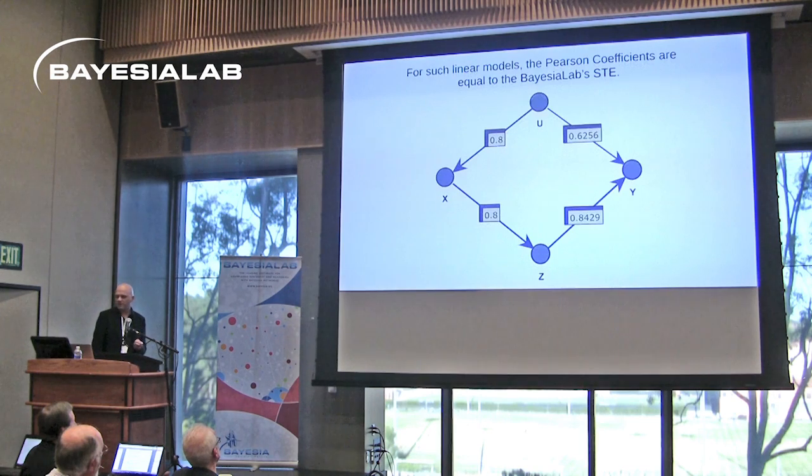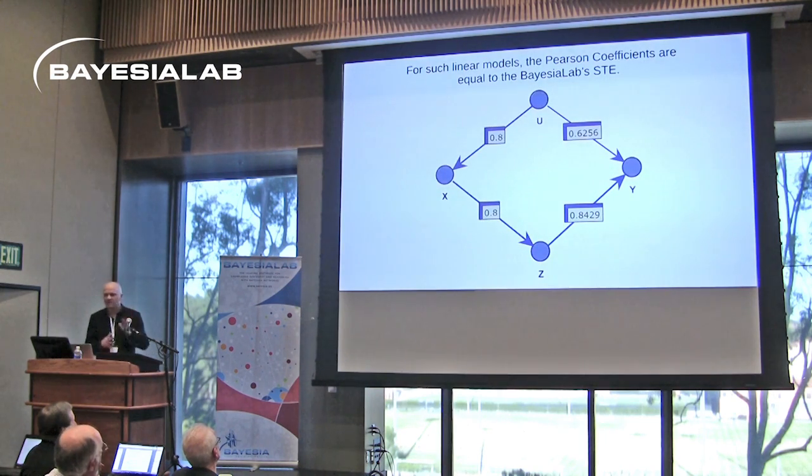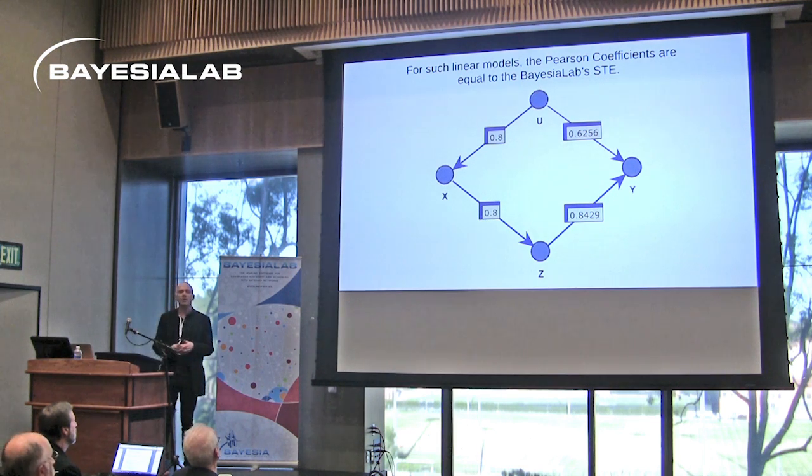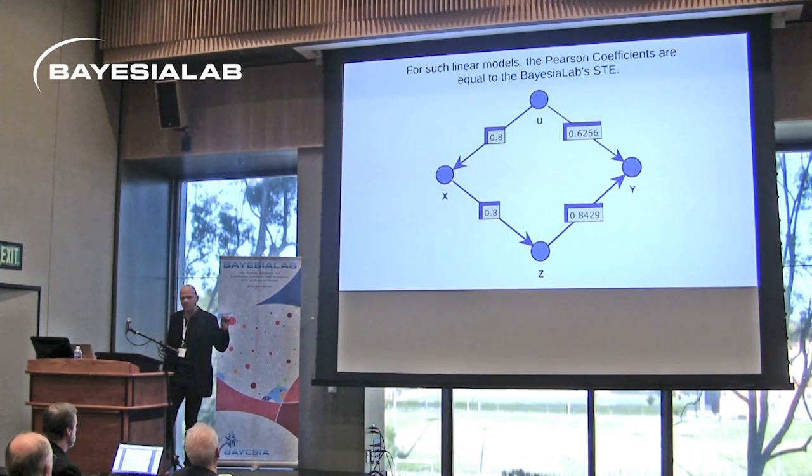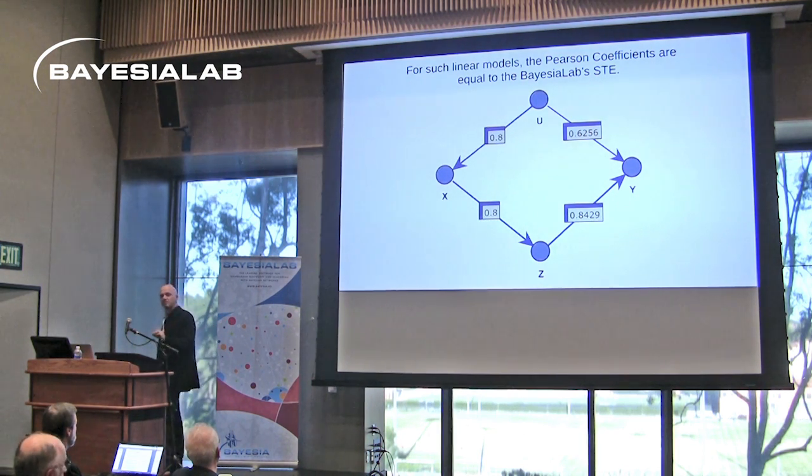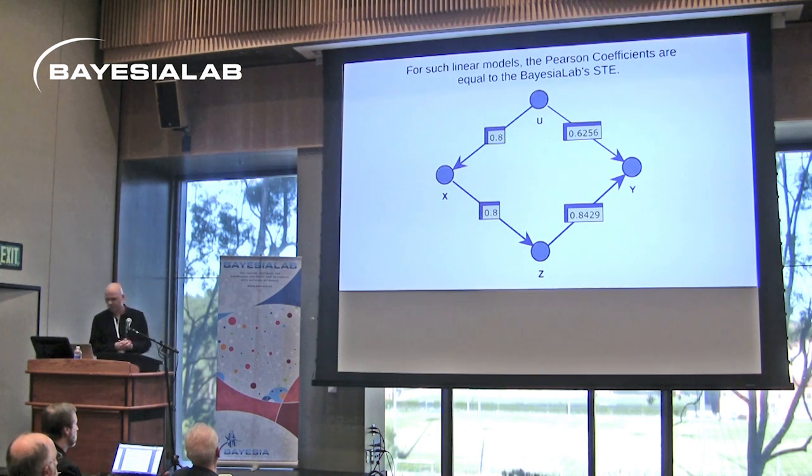So the thing is, in this very simple case where everything is linear, these coefficients are indeed exactly the same as a Pearson correlation, right? So you can use the direct effect or Pearson here, you will have the same thing. Or the standardized total effect, sorry. So which is the reason why it's not causal, right?